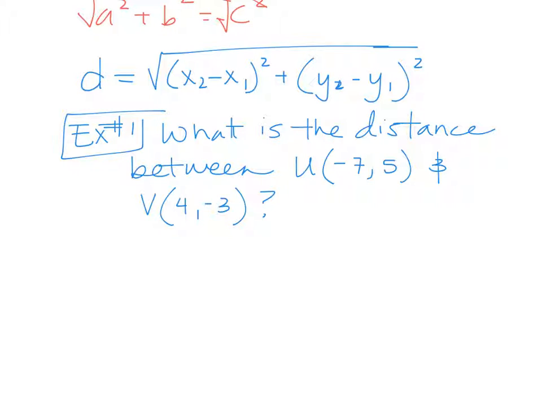What is the distance between those 2 points? So what you're going to do is plug those into the distance formula. Question for you. Which one needs to be x1, x2? You remember?